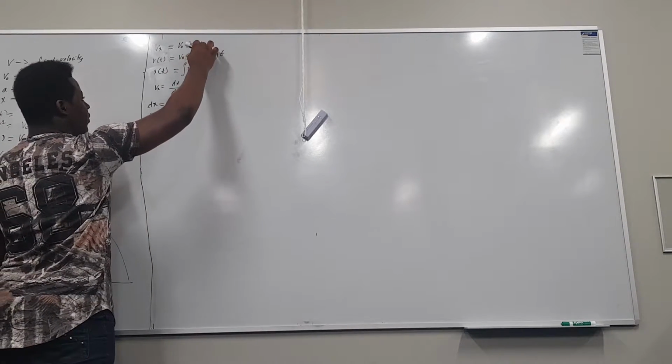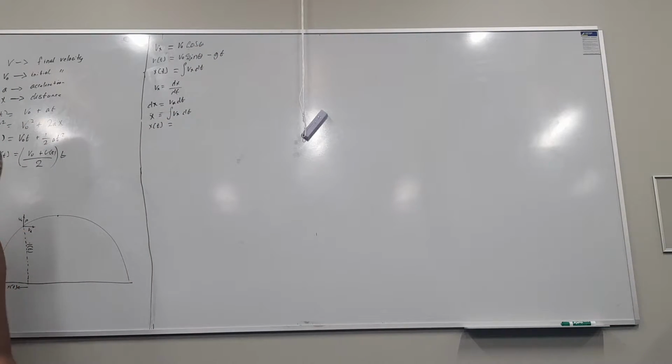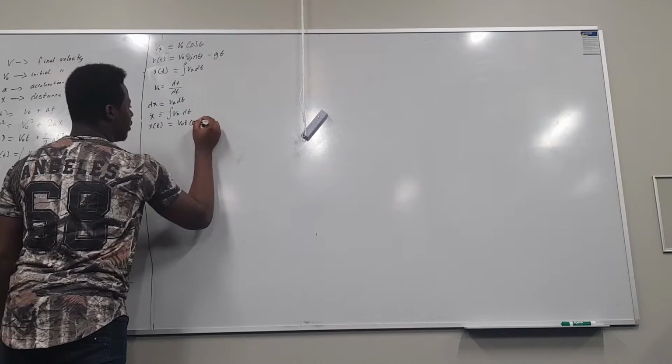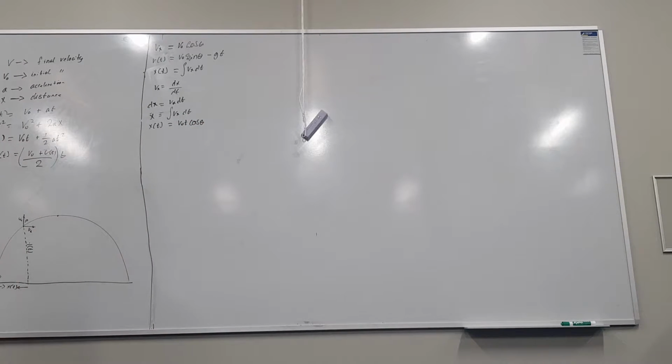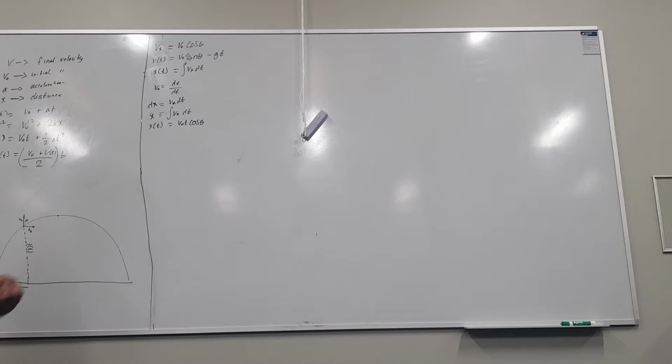Note, we are not differentiating the angle theta because it is constant, it does not change. So it will be v naught times t cosine theta. Okay? So that's the horizontal displacement, horizontal distance at any point, at any time t.